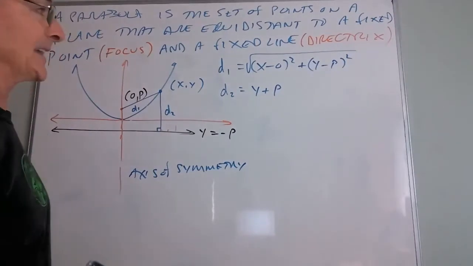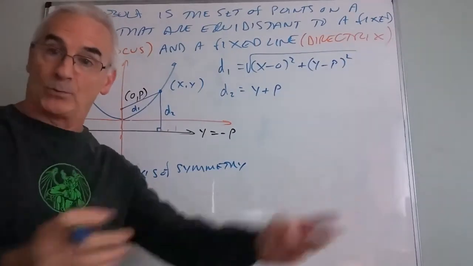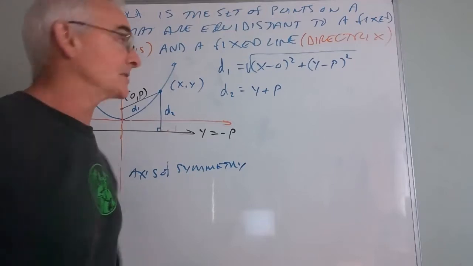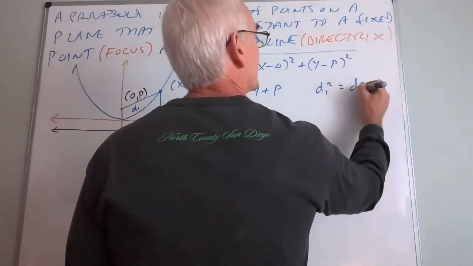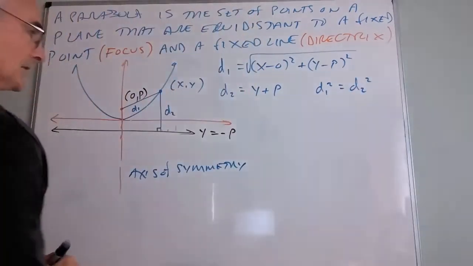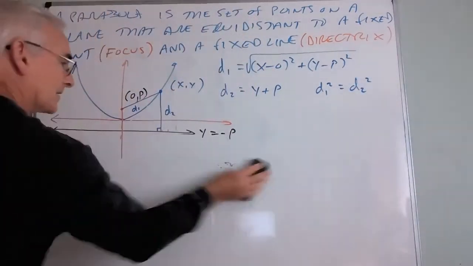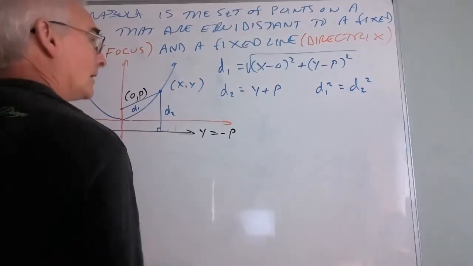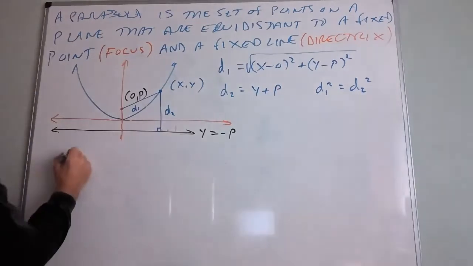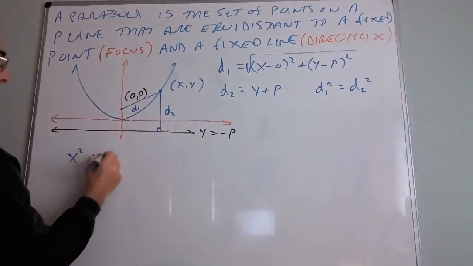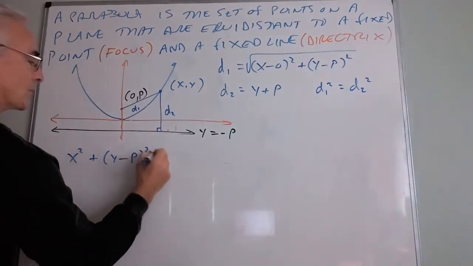Because I want to get y by itself, I want to write y equals, I'm going to have to square both sides. If I write D1 squared equals D2 squared, that will make it a little bit easier. So D1 squared will simply be x squared plus (y minus p) squared.